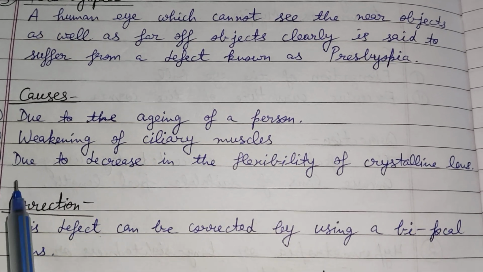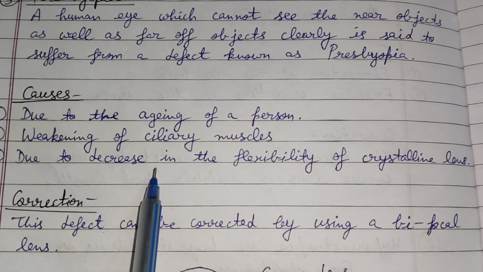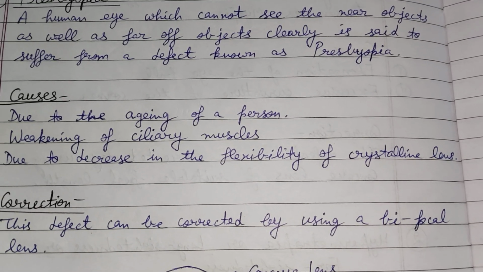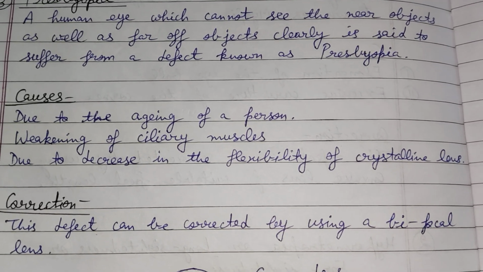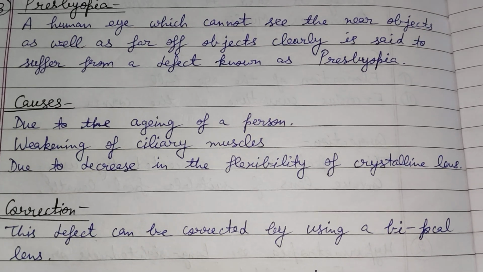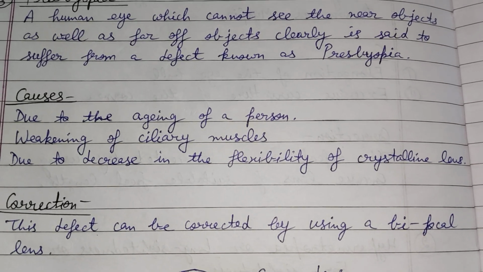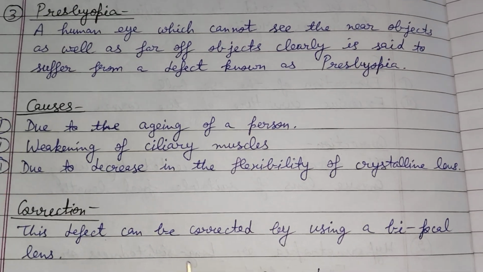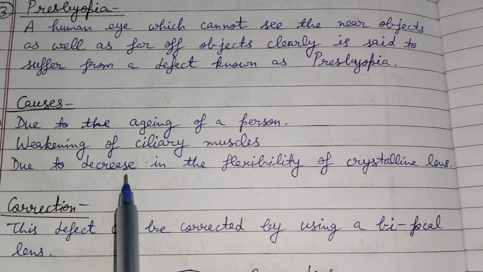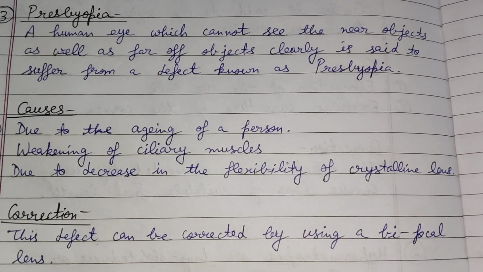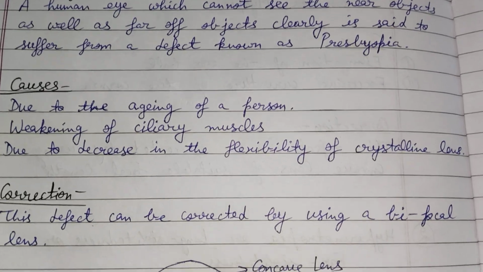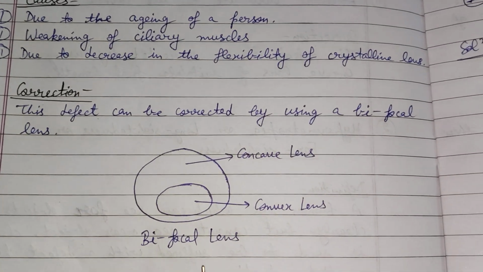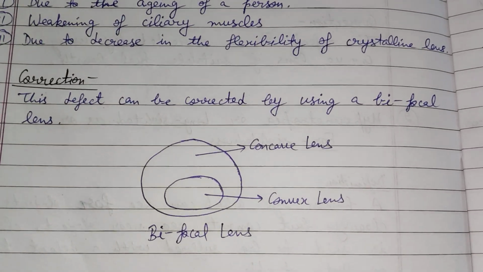Another reason for this defect is the decrease in the flexibility of the eye lens. As the person ages, the flexibility of the eye lens becomes less. That means the eye lens starts to become hard. So the eye lens cannot adjust as it does in the case of the normal eye.